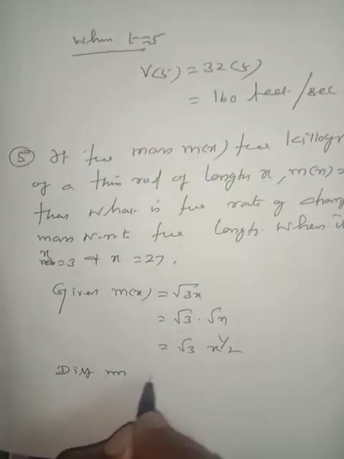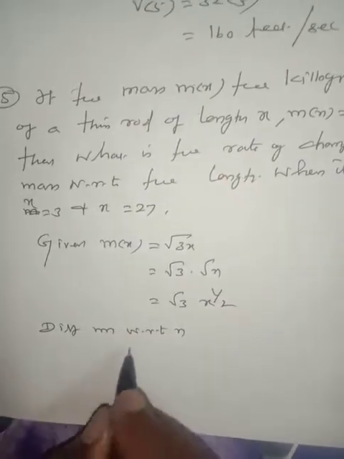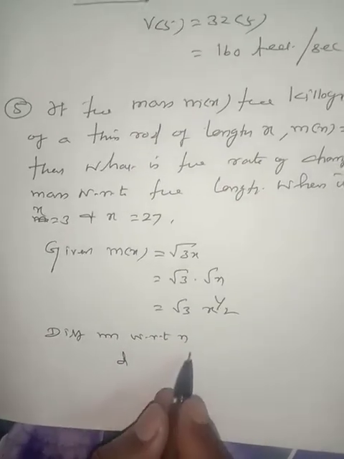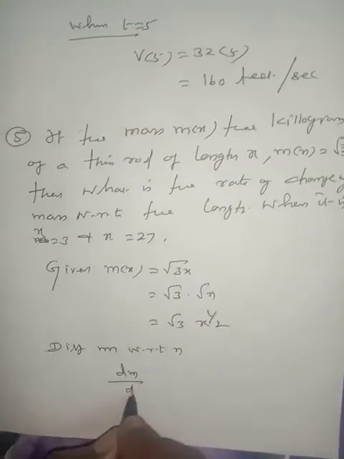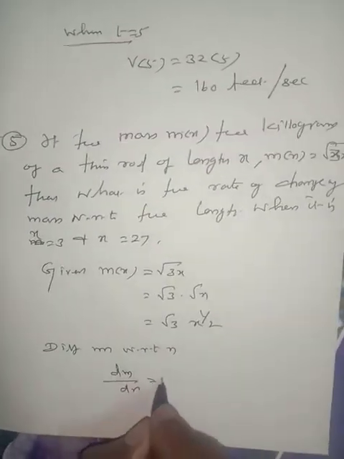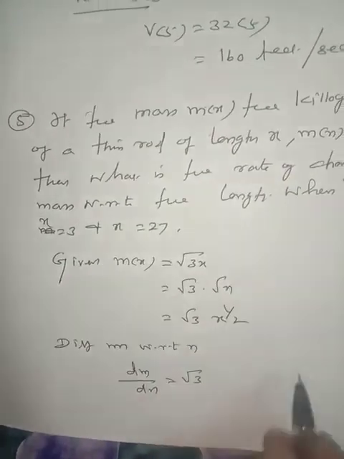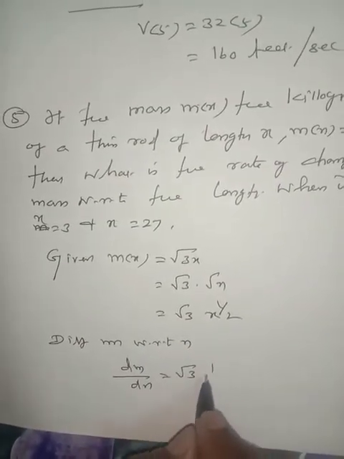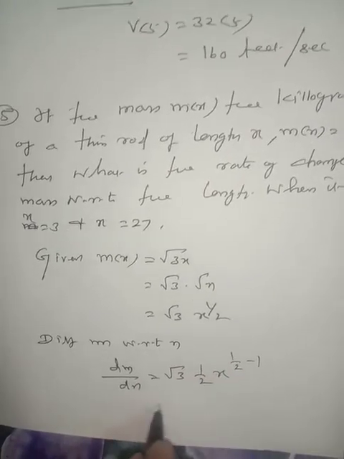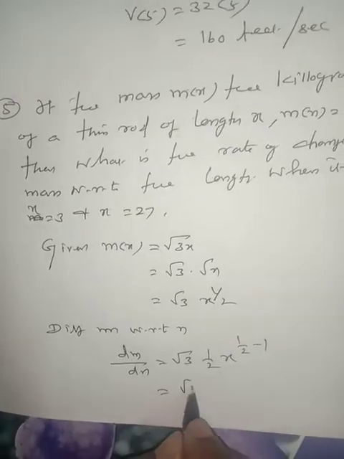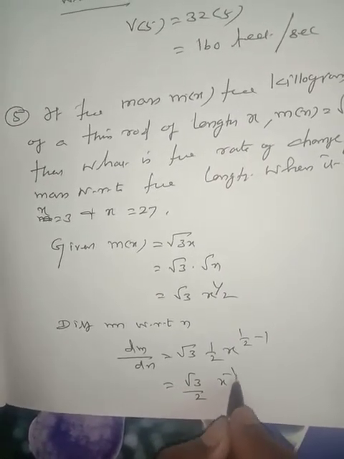So dm by dx is equal to root 3, a constant, times the x power n formula: n x power n minus 1, 1 by 2 x power 1 by 2 minus 1, is equal to root 3 by 2 x power minus 1 by 2.